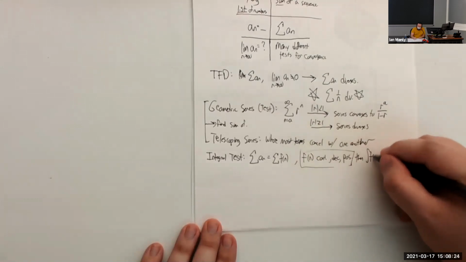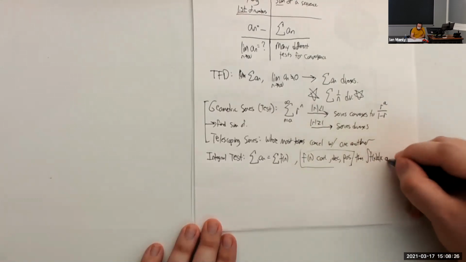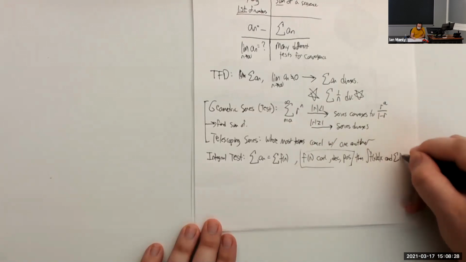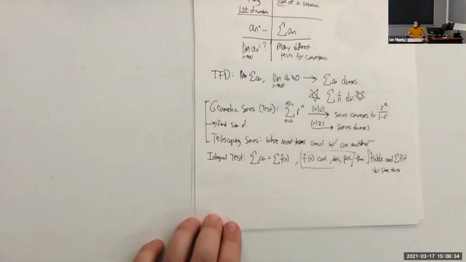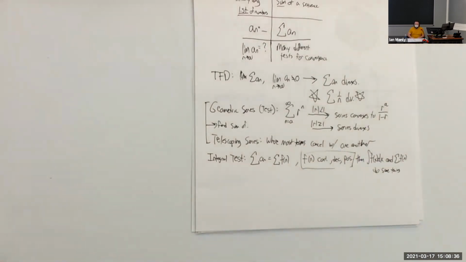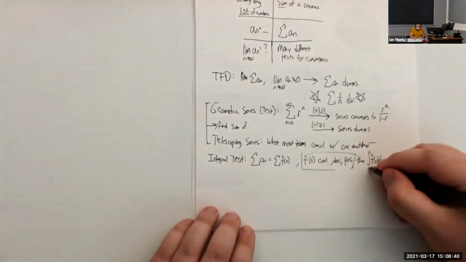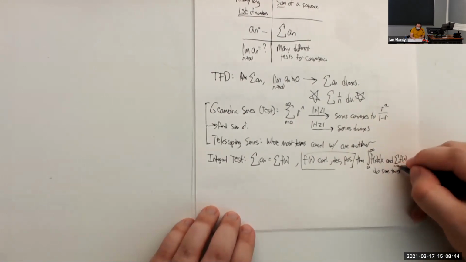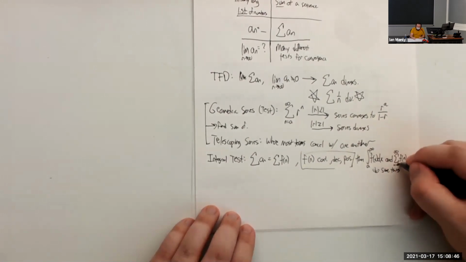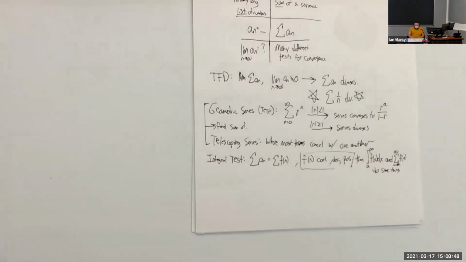Then the integral and the series do the same thing. So if your integral diverges, then your series will diverge. If your integral converges, then your series converges. And by integral, I mean going from whatever the starting index is to infinity. Like that. So the integral test, to be entirely honest with you, is not particularly useful on its own.